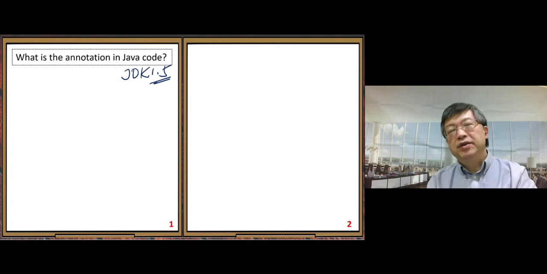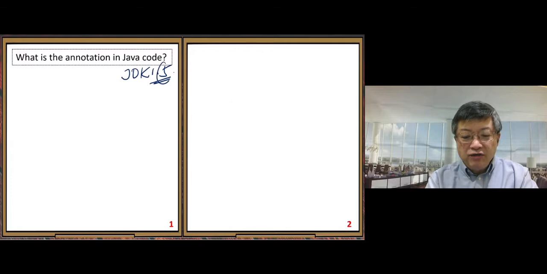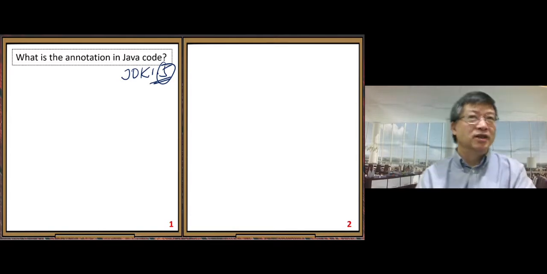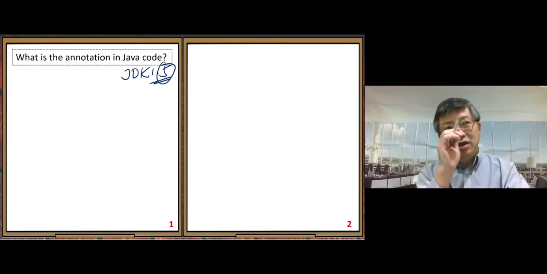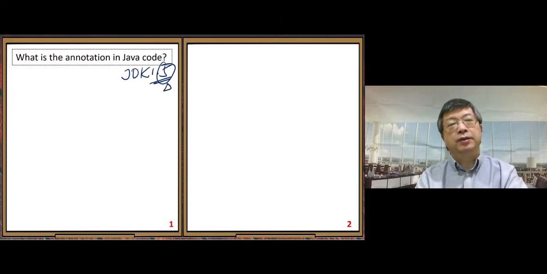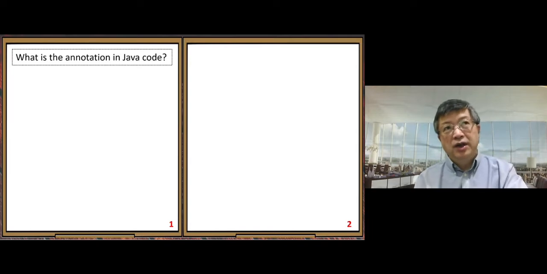Right now, if you see version 12, 1.5 means version 5, because any version can start with 1 point something. So you just look at the version number after that 1 point. So actually that is version 5. So very early, you can see this technology was created a long time ago.